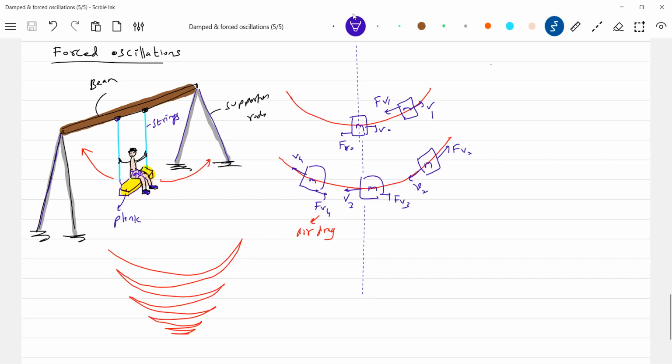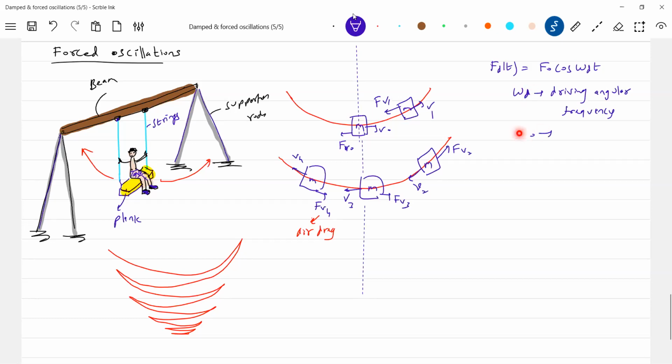I'll write it as F_D. The driving force should be equal to F naught cos omega_d t. What is omega_d? The driving angular frequency.